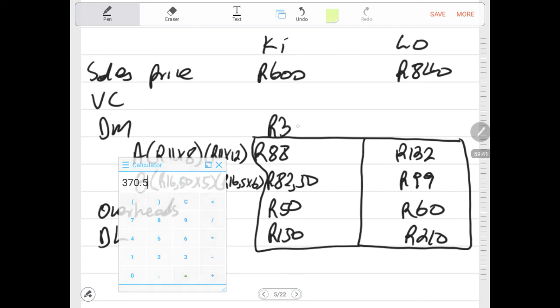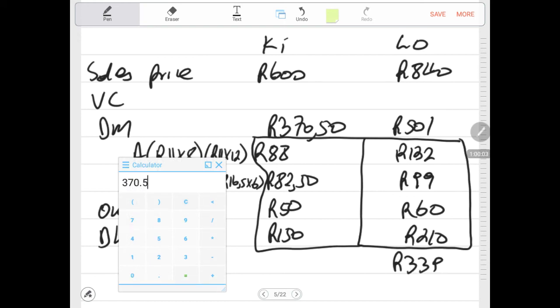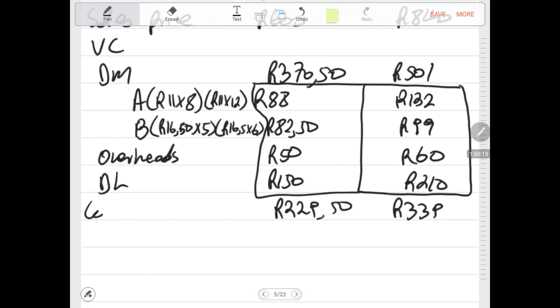We have 370.50. 132 plus 99 plus 60 plus 210, we get 501. Minus 840, 339, 370.50 minus 600, we get 229.50. This is our contribution per unit.